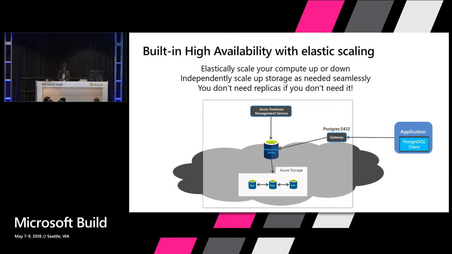For example, you see the client connection coming to the gateway. The gateway is listening on the standard Postgres port 5432. And then it connects to the backend database, your instance. Now, suppose that the database instance were to go down, or you were initiating a scale operation, right?